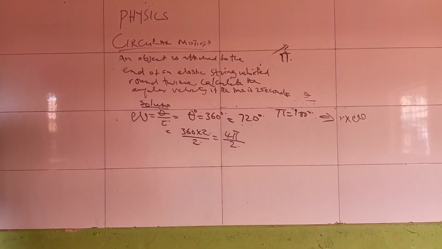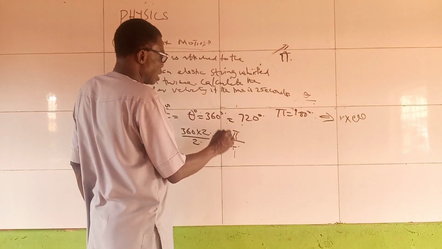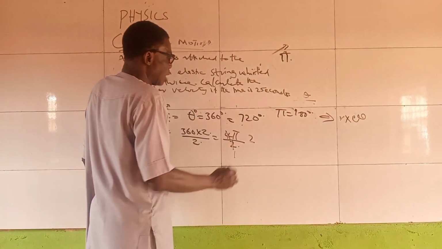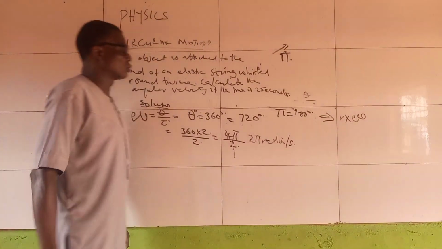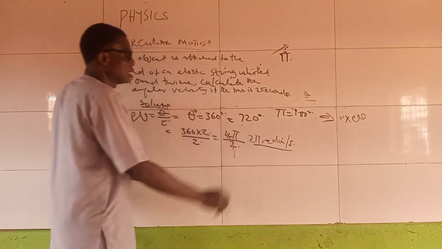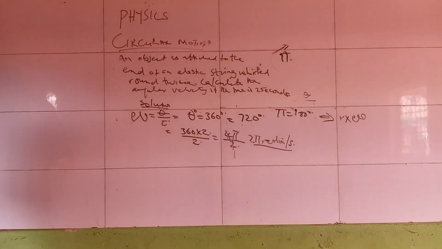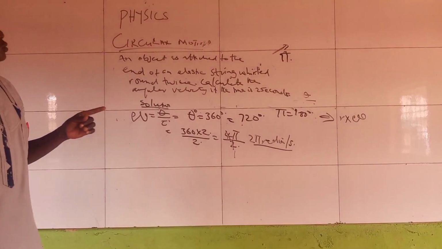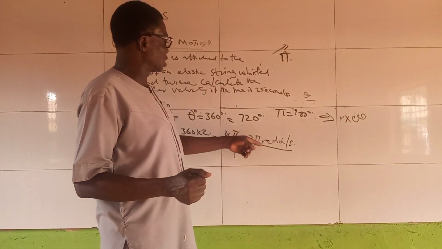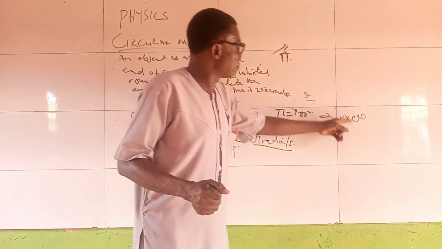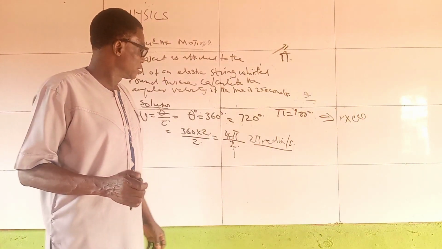That gives me 2 pi radians per second, and that is the answer. Remember, I told you that the SI unit of angular velocity is radians per second.